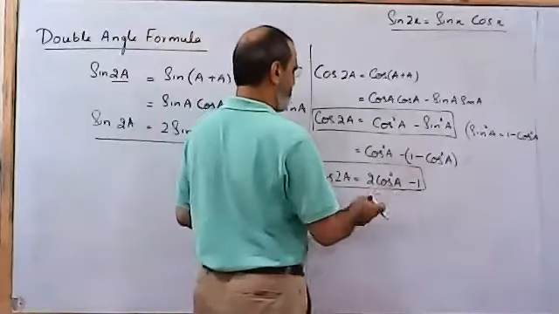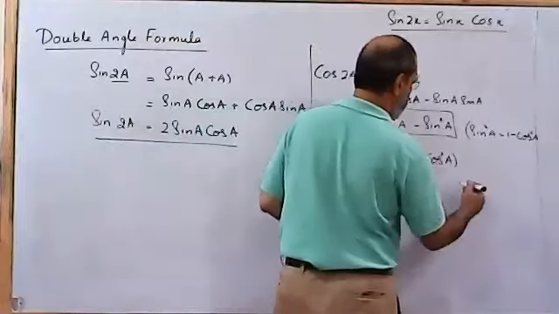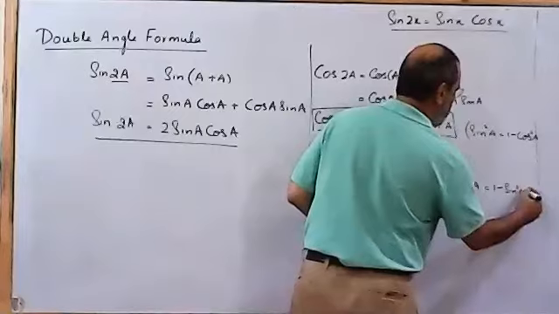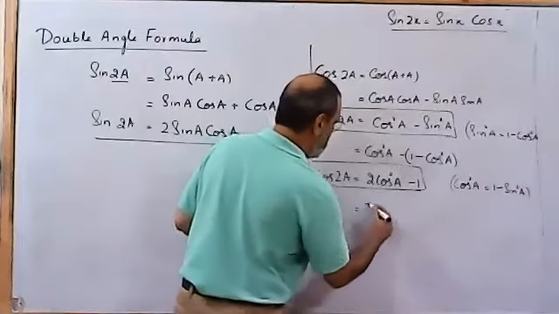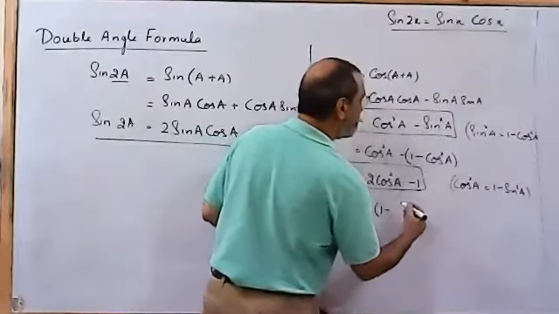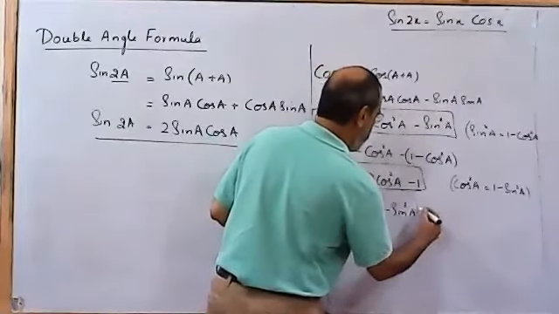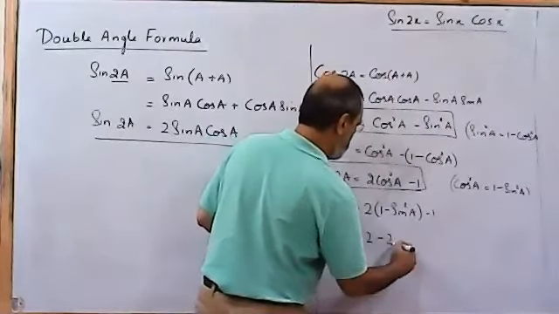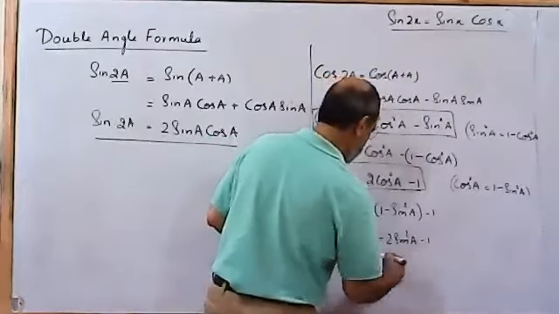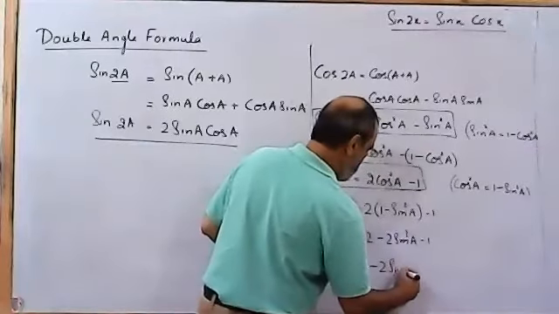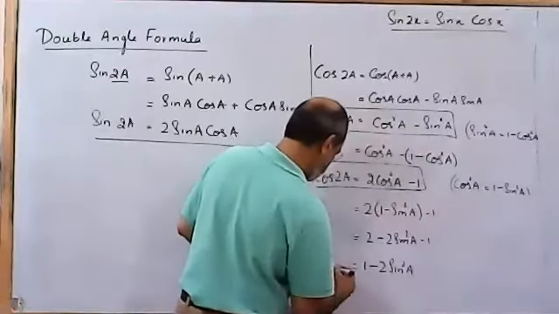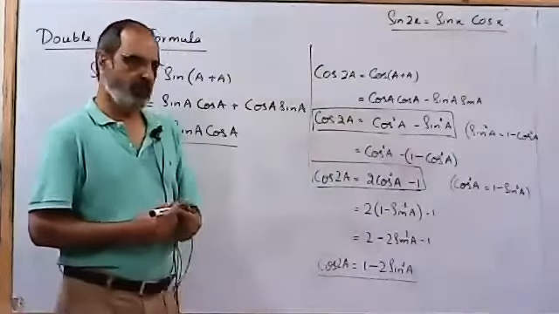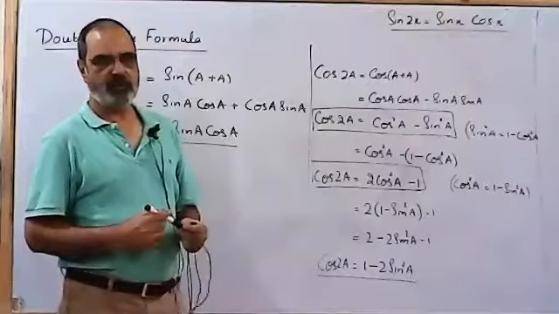Similarly, if I replace cos square A by 1 minus sine square A, then I'll get 2 into (1 minus sine square A) minus 1. That would be equal to 2 minus 2 sine square A minus 1, that is 1 minus 2 sine square A. So it is another form for the cosine of the double angle.